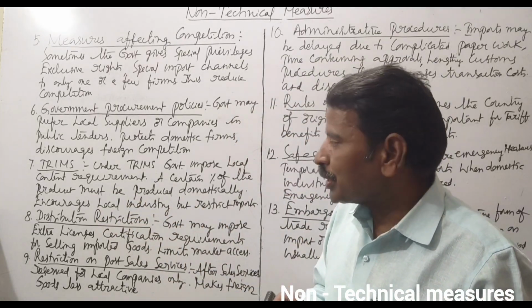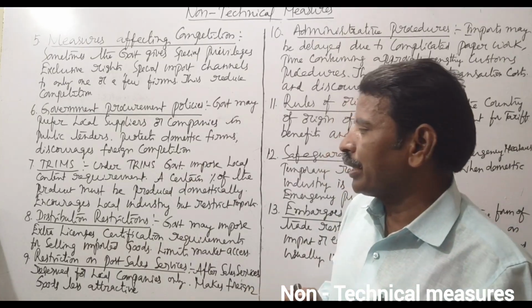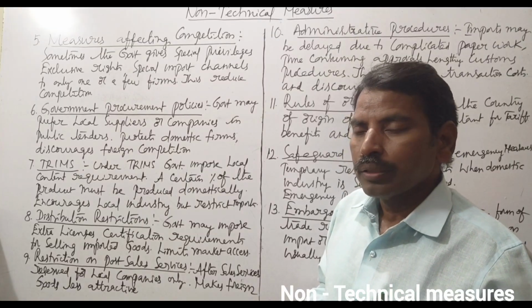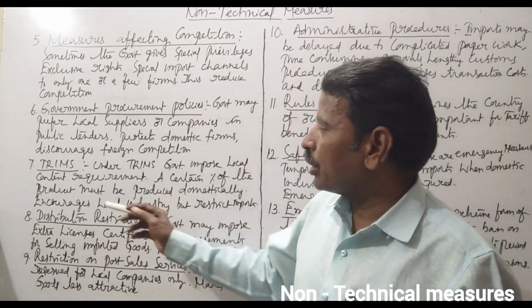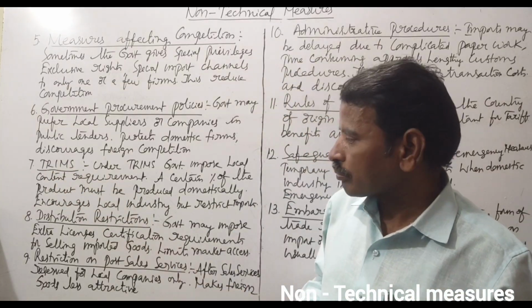A certain percentage of the product must be produced domestically. It encourages local industry but restricts imports. That is called trade related investment measures.